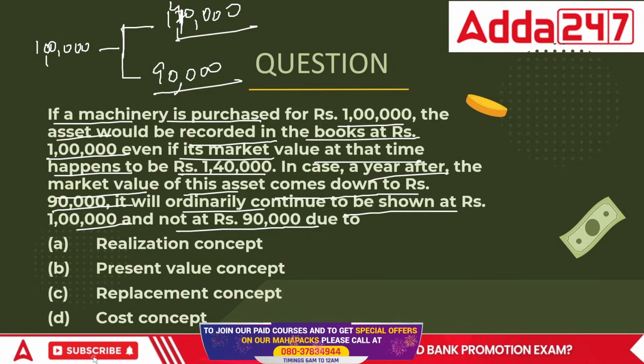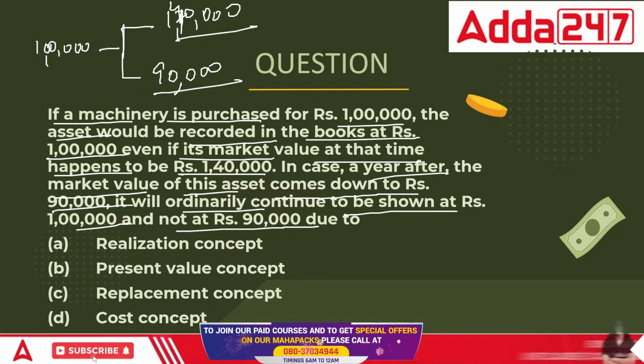The best way to find it would be: market value should not be noted. Everyone, if I start noting the market value of the things, you know what will happen?